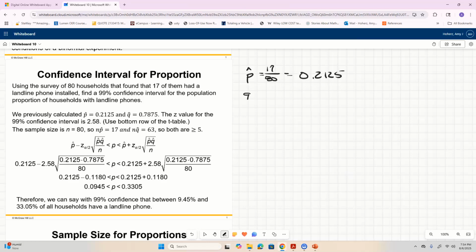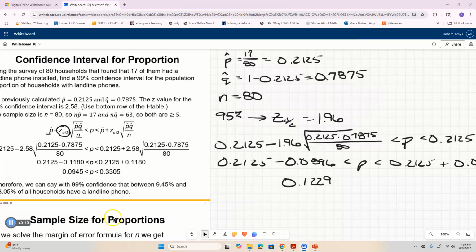And then we use that to calculate our q hat as 0.7875. And then besides that, we need our n. We already know n, that was the 80 that we used to find the p hat. So n is 80. What else do we need? We have p hat, we have q hat, we have n. Oh, we need our z.